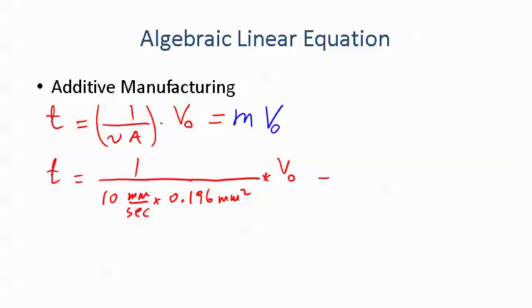And what we find out is that the slope of this line is equal to 1 over 1.96.